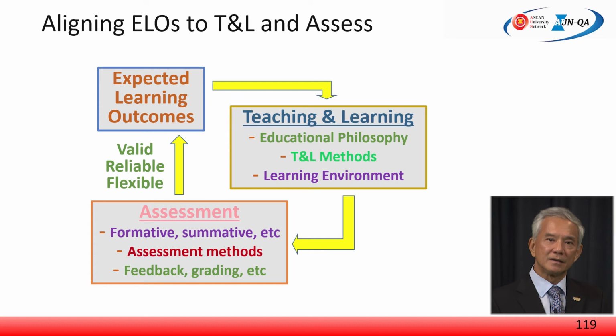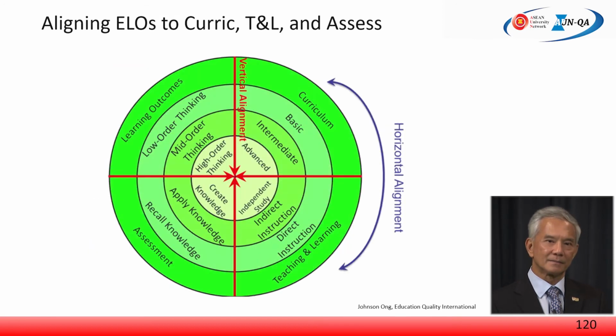From Criterion 3, the teaching and learning methods used need to be aligned with the educational philosophy, aligned with the learning taxonomy applied in the program, and aligned with the ELOs or what the program is expected to teach. From this criterion, the assessment methods have to be aligned to what is taught, and they need to be valid, reliable, and have some degree of flexibility in meeting the ELO requirements.